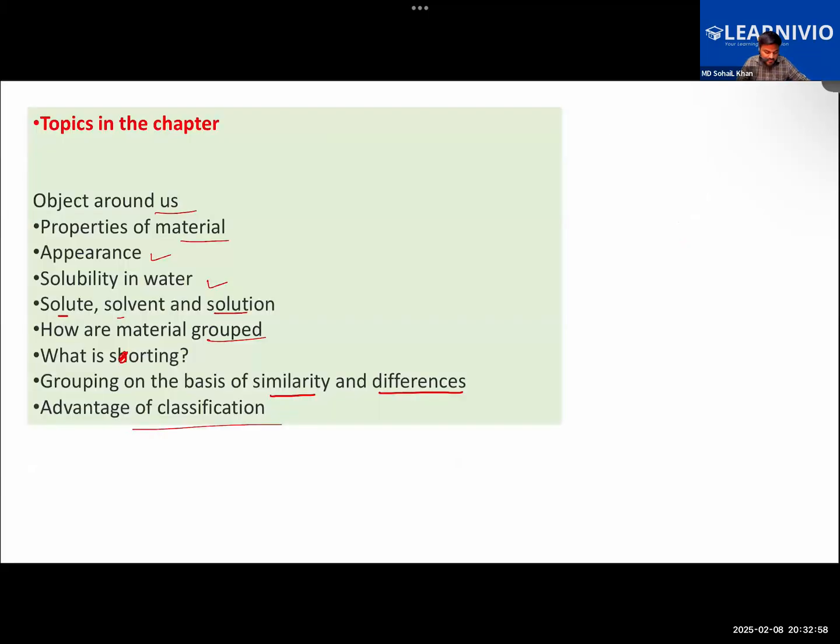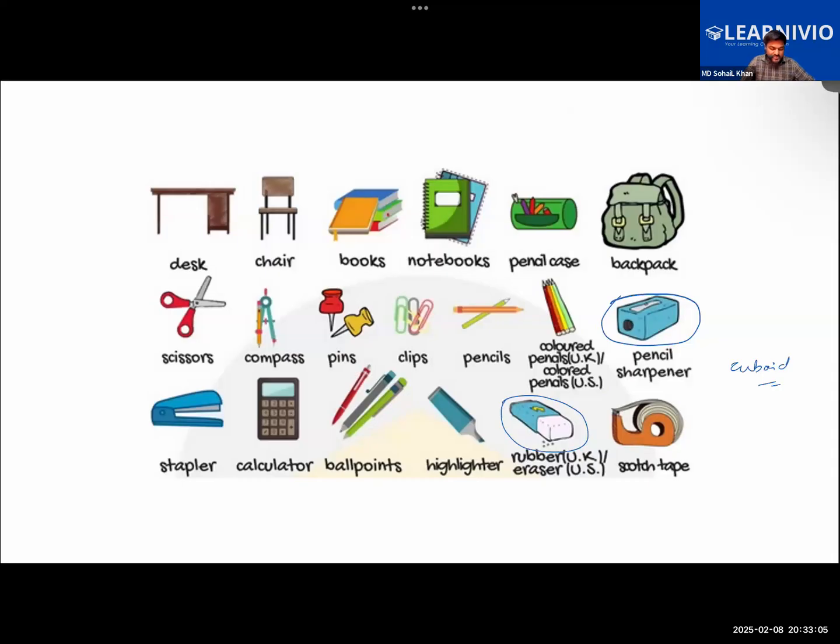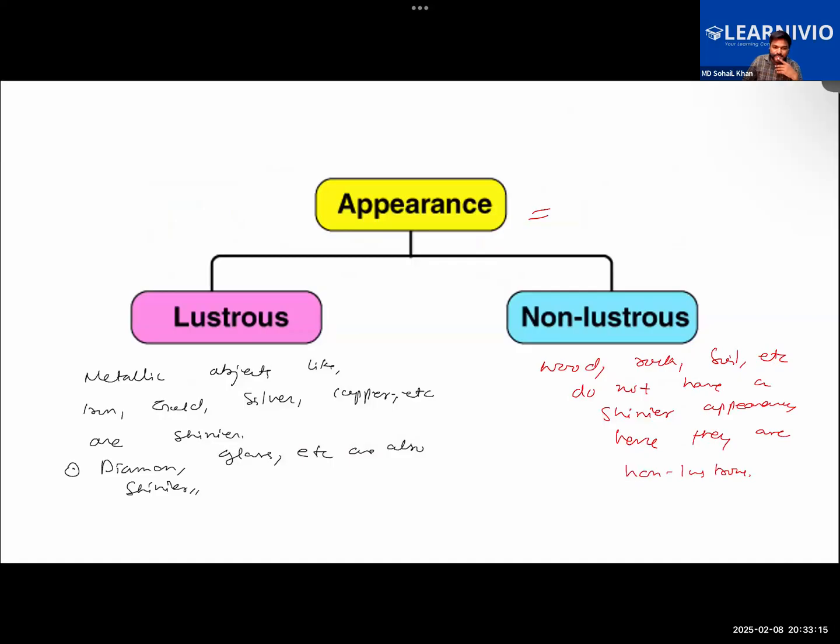Further, based on whether they are transparent, translucent, or opaque objects. Also based on the solubility in water, we have categorized them as soluble and insoluble substances. Also we have learned about conductors and insulators.